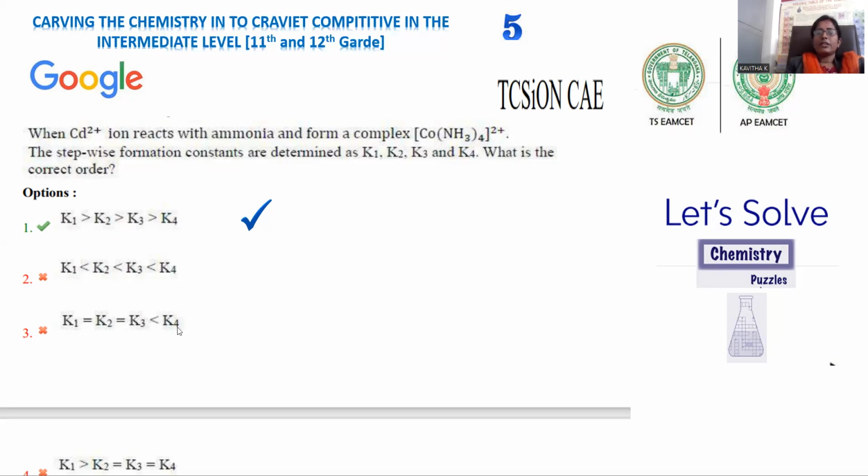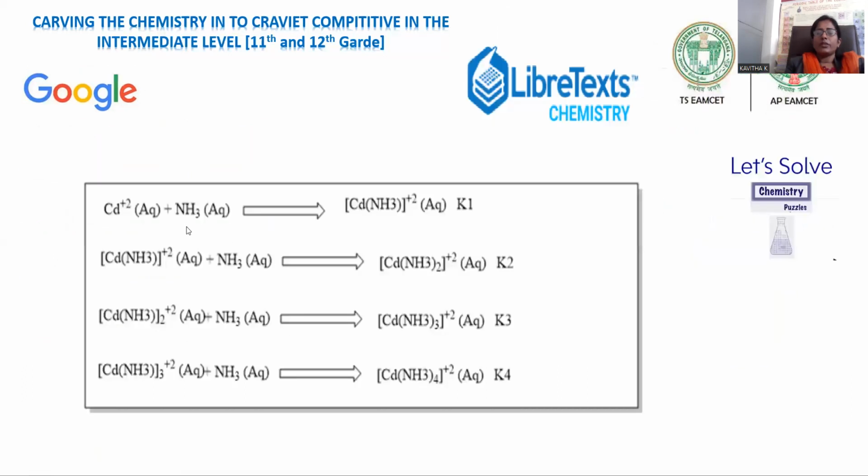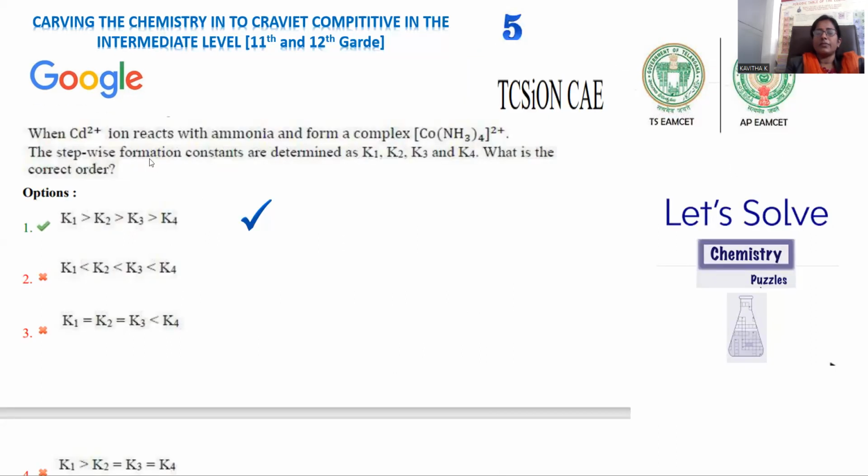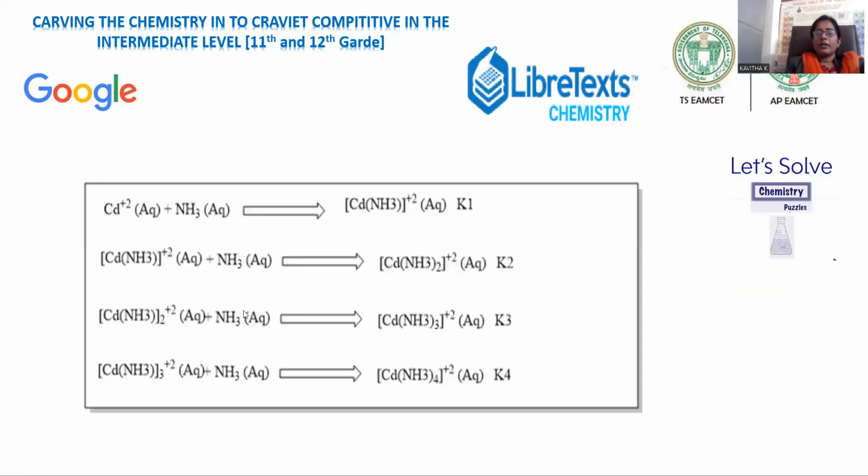Okay, let's see how we can explain this one. First of all, we have to see how to achieve this kind of compound in a stepwise manner. They are saying stepwise formation, right? Initially cadmium plus 2 was taken in aqueous solution, and aqueous ammonia was added to that, so that the monoamine will be formed. Only one ligand is around the cadmium metal, so the rate of this reaction is indicated with K1. Only one step reaction, 1 mole of ammonia is added under aqueous conditions.